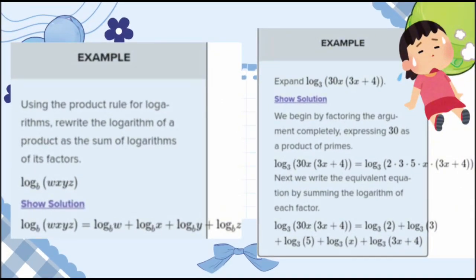Using the product rule for logarithms, rewrite the logarithm of a product as the sum of logarithms of its factors. Example: log wxyz to the base b equals log w to the base b plus log x to the base b plus log y to the base b plus log z to the base b.